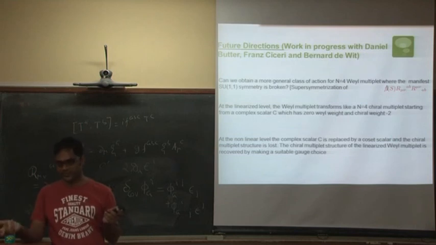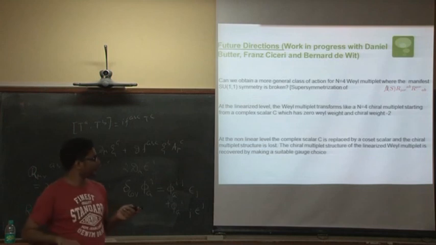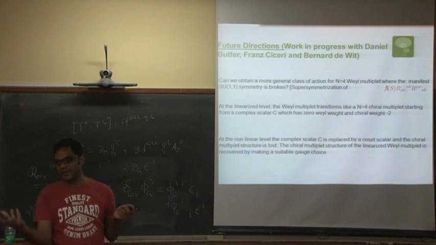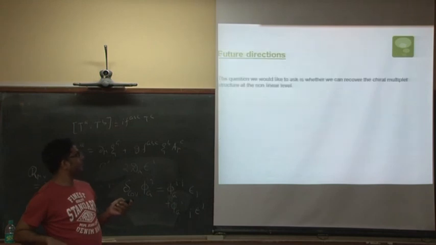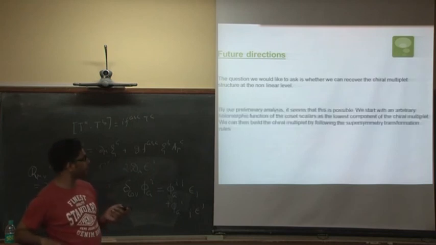That is replaced by this coset scalar, phi alpha, which parameterizes this SU(1,1) and has some non-trivial transformation under the U(1). The chiral multiplet structure of the linearized Y multiplet you can recover by going to a particular gauge, but at the nonlinear level, this structure is gone completely. So the question we would like to ask is, can we recover this chiral multiplet structure at the nonlinear level also?